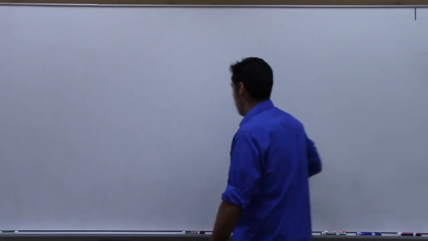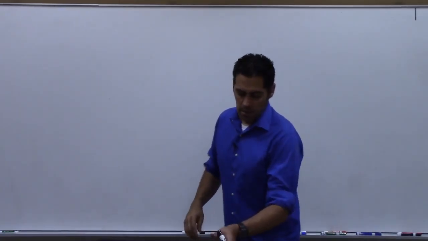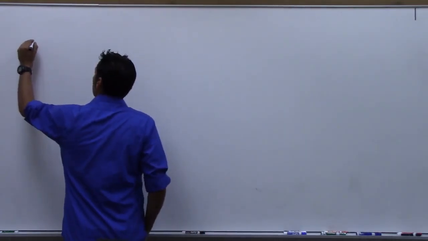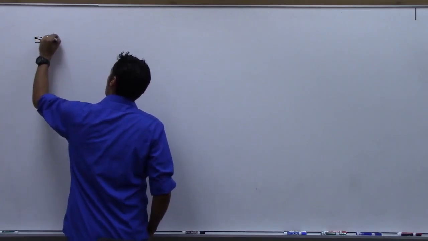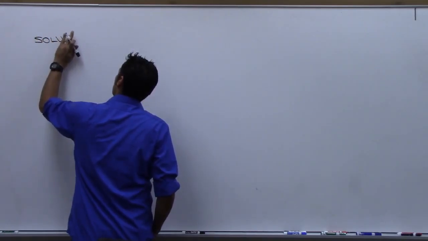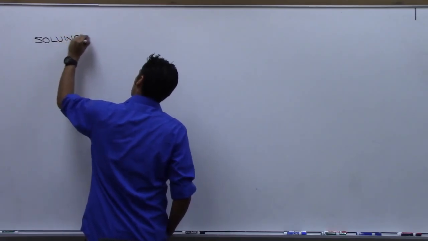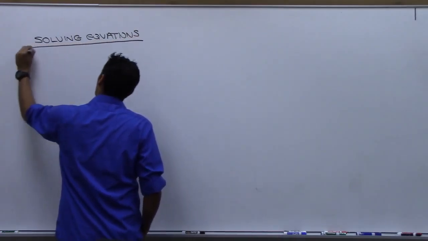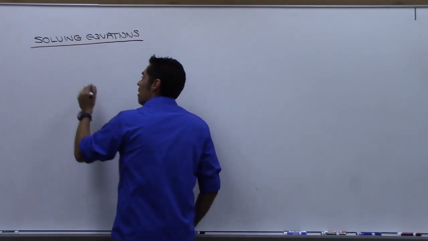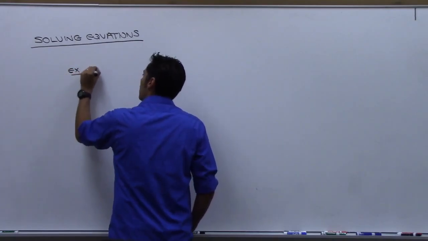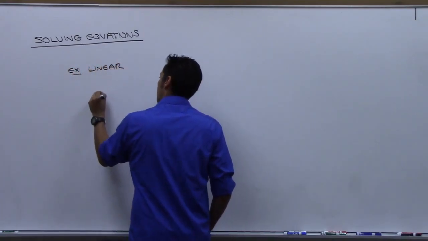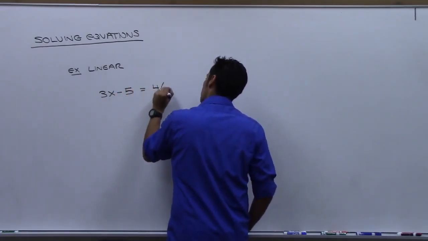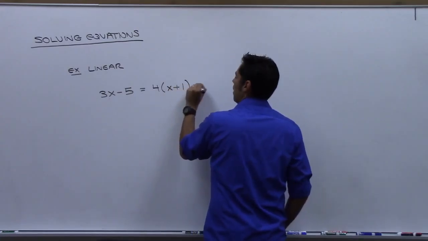So here's the deal: let's talk about solving equations for a minute. If I give you an example of a linear equation, 3x minus 5 equals 4 times x plus 1 minus 7.